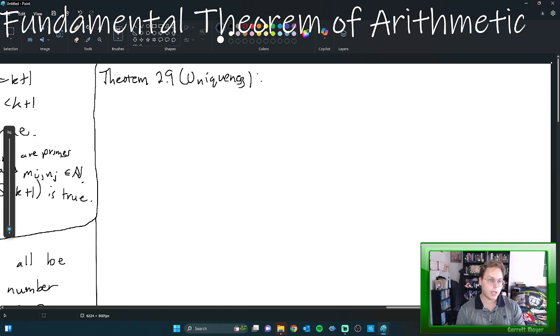The way they write it out in the textbook is very long, in multiple different ways, but I'll express this in the simplest form here.